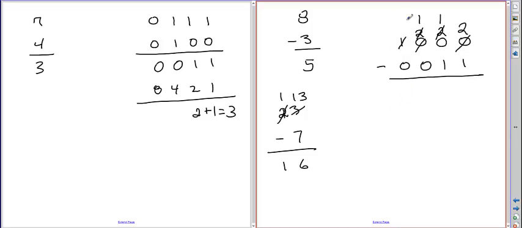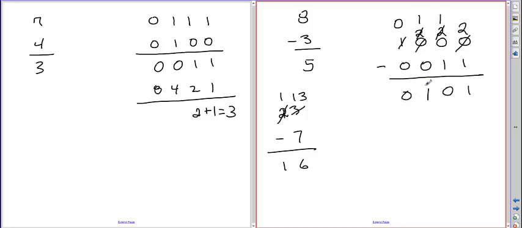Okay, so now everything's going to work out because we have numbers here that are equal to or greater than the ones down here. So you're going to have 2 minus 1, which is 1. 1 minus 1, which is 0. 1 minus 0, which is 1. And this one went to 0 because we carried all of that over. So this is 0.